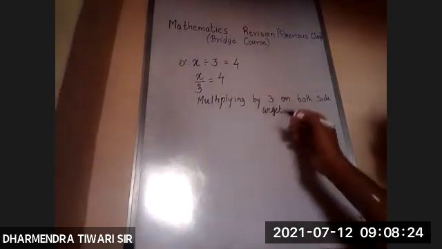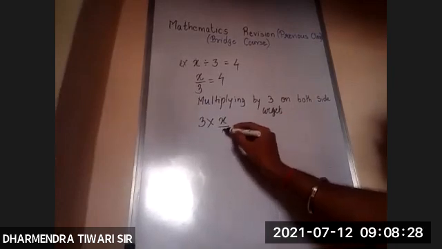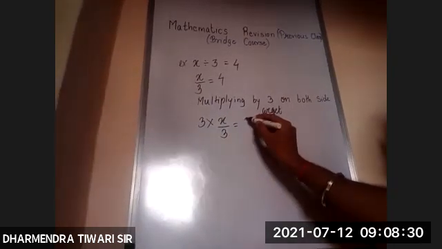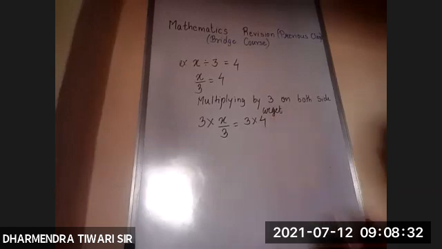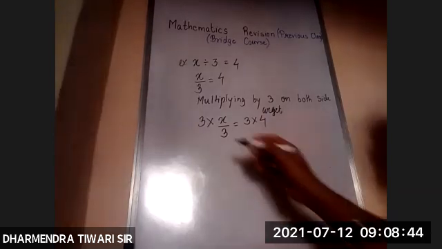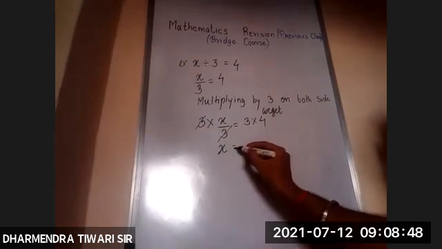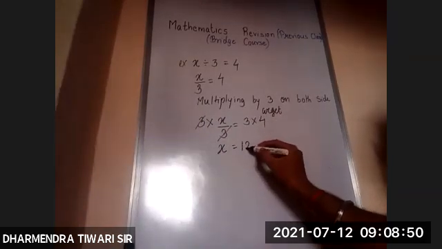So multiplying by 3 on both sides. 4 into 3, 3 into 4, both are the same. Either you pre-multiply or post-multiply, both will do the same work. Not an issue. You can cancel 3, 3. What remains? x remains, and 3 into 4 is 12.